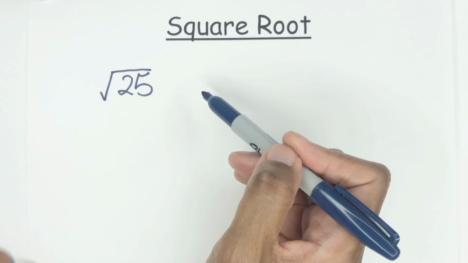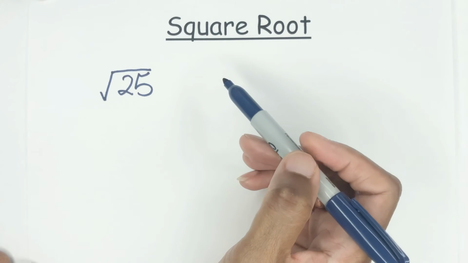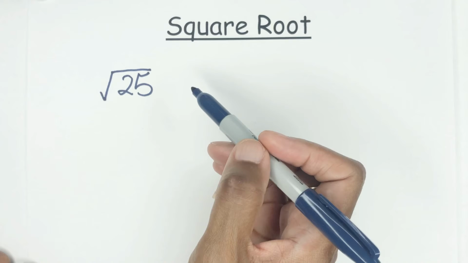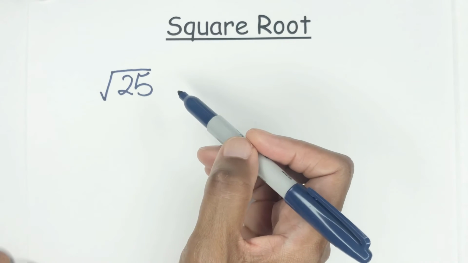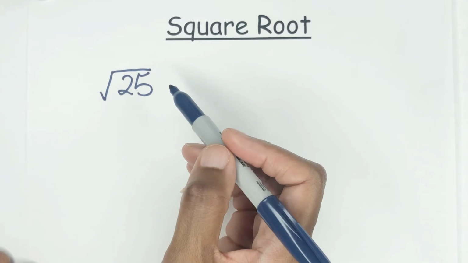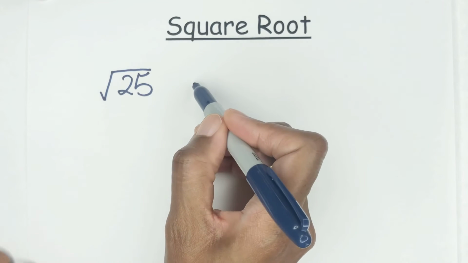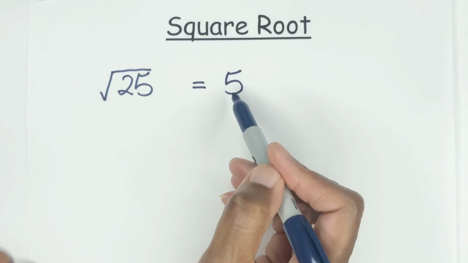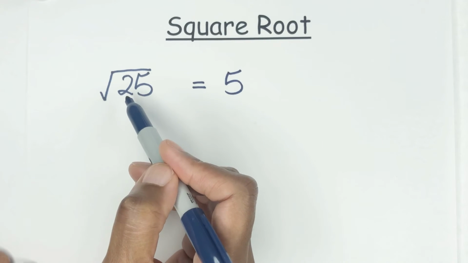So what two numbers multiplied by themselves, two same numbers, will give you 25, right? So 5 times 5, right? So that means the square root of 25 is 5, because 5 times 5 will give you 25.